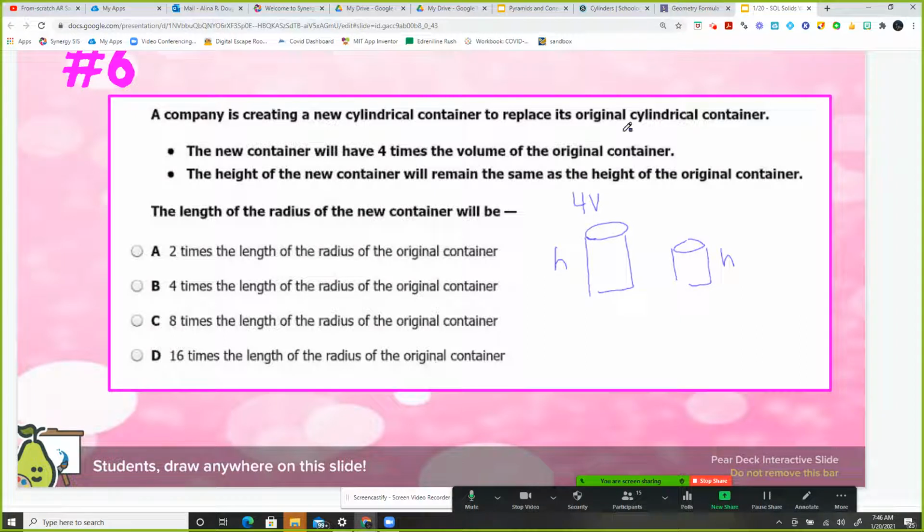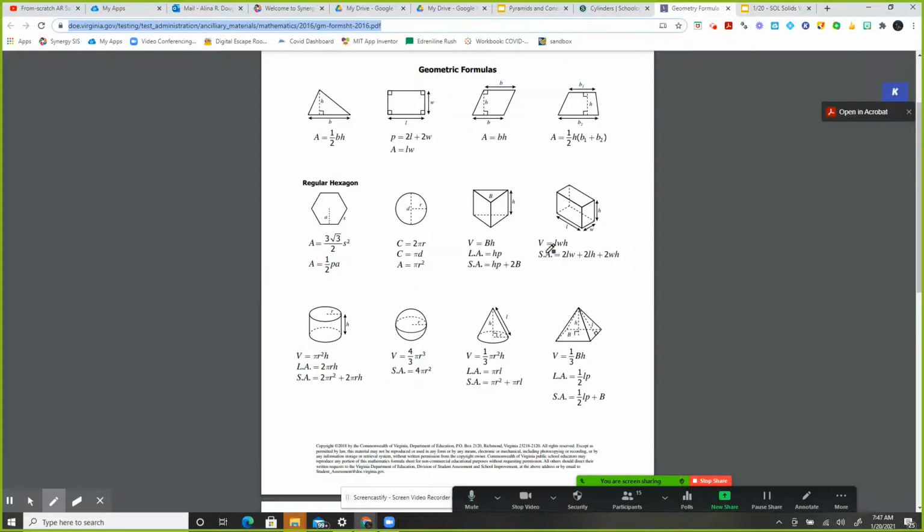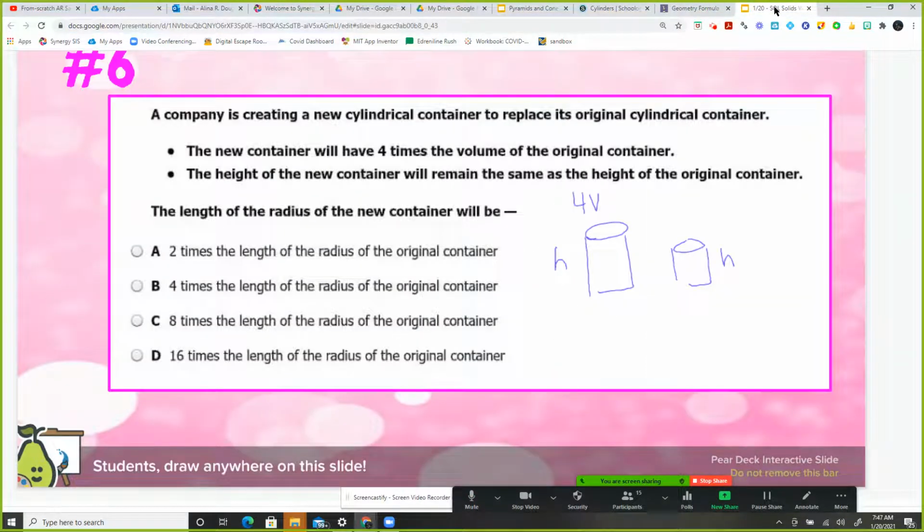So let's start with the volume of a cylinder. So volume of a cylinder is pi r squared h, right? So V equals pi r squared h. If I know the h's are congruent, the h's are going to be the same, I can just remove that from my formula.